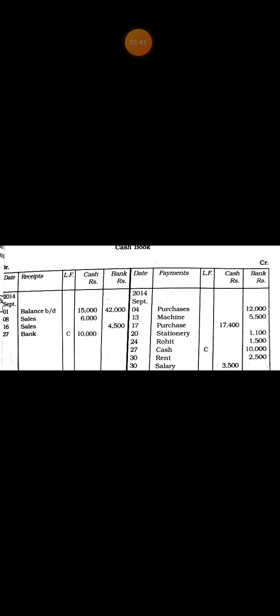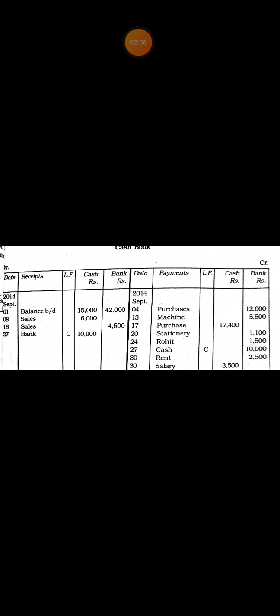Again, September 13, purchased machinery by check. Purchased machinery and payment made by check. Purchase of machinery is a payment. Write it on the payment side of the cash book. And amount is rupees 5,500, which is written on the bank column.